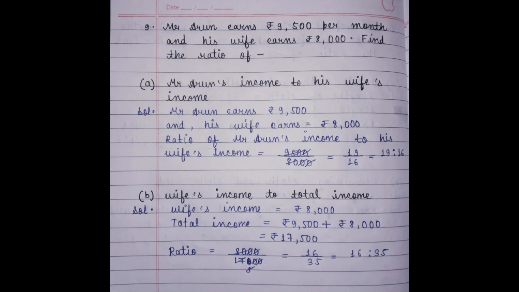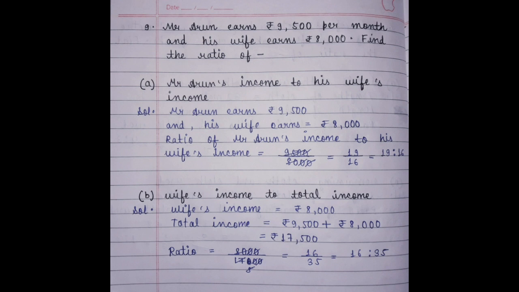Ratio of Mr. Arun's income to his wife's income. So we will find the simplest form of 9,500 by 8,000. So the simplest form is 19 by 16. So the ratio of 19 by 16 is 19 is to 16. So the ratio of Mr. Arun's income to his wife's income is 19 is to 16.